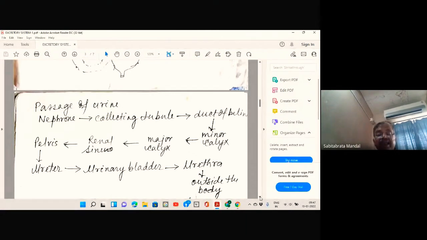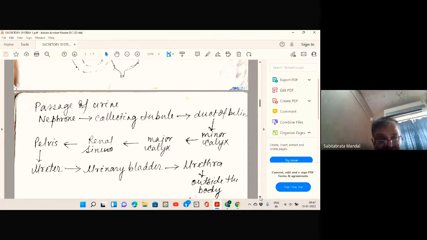From the minor calyx, it will go to the major calyx. And from the major calyx, it will go to that space called the renal sinus. Then it will go to the renal pelvis. Then from the renal pelvis, it will go to the ureter. From the ureter, it will go to the urinary bladder. From the urinary bladder, it will go to the urethra, and then outside the body.